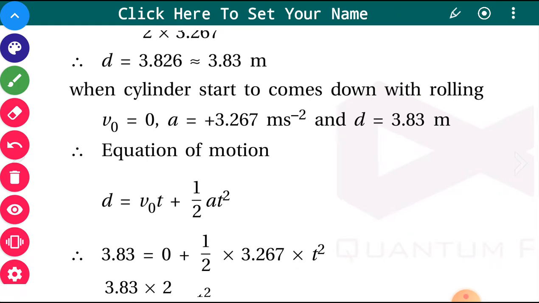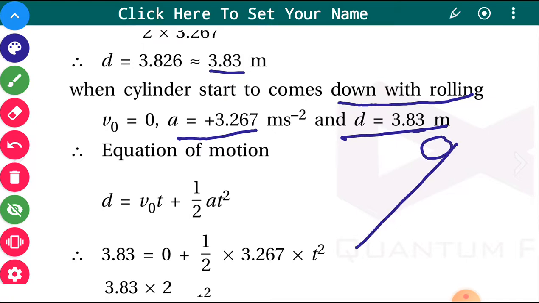So how far will the cylinder go up? It will go up to 3.83 meter. When the cylinder starts to come down with rolling, now what happens? It is returning back. So now the acceleration will be positive, and the distance is the same, 3.83.